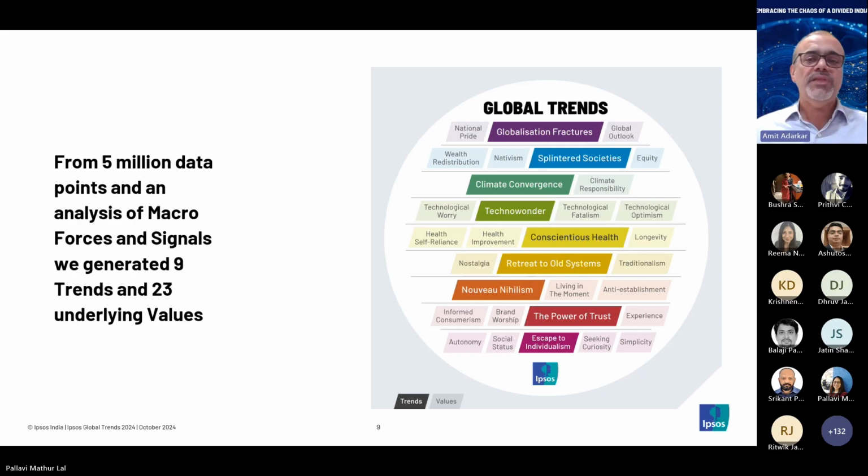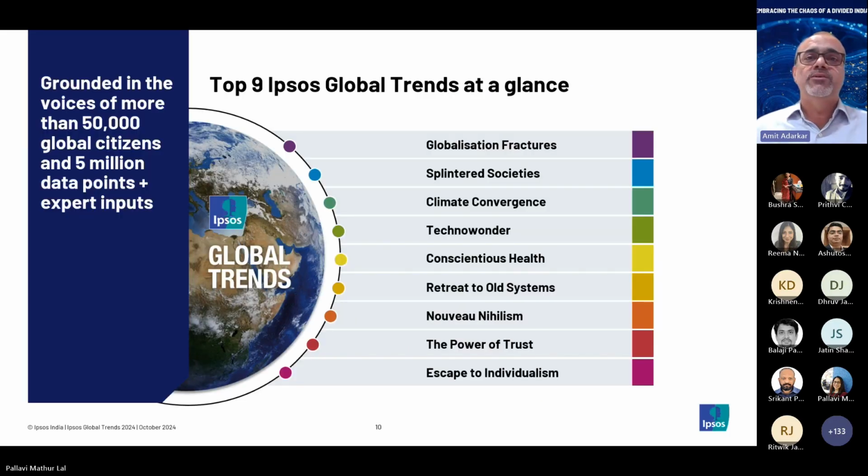Now, in a strange way, we expected the world to become hot, flat, and crowded. We thought globalization is the key. But what we see in recent times, and especially that trend has got reinforced this year, is a lot of fracturing within the globalization. I think people are turning a bit more, maybe too, proud of who they are, their countries, their nations.